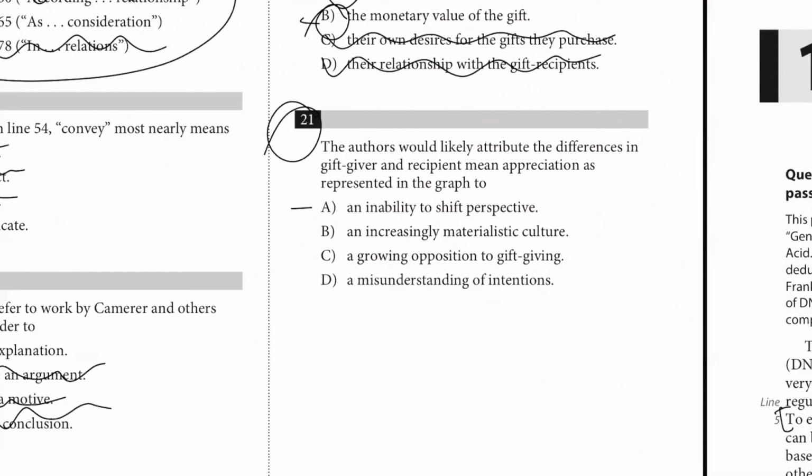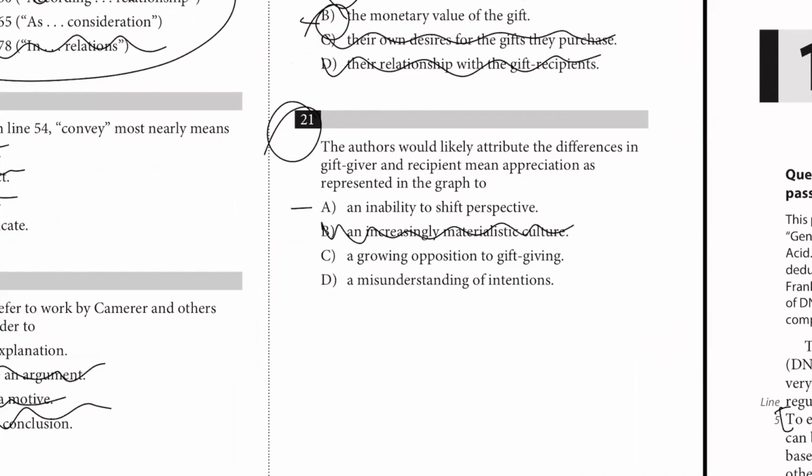Inability to shift perspective. They don't change their perspective, and for that reason, the recipients don't like it as much as the givers make it out to be. An increasingly materialistic culture, no. Materialistic culture is kind of like material, right? So no, not really. It's not like intangible items. That's not correct.